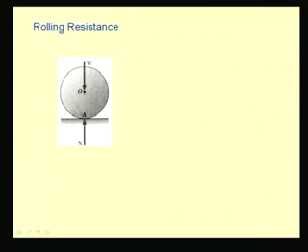In the ideal contact, both these bodies are deformable, and so the point of contact is no longer a line, but rather a region of contact, if this is the weight of the wheel passing through its center.